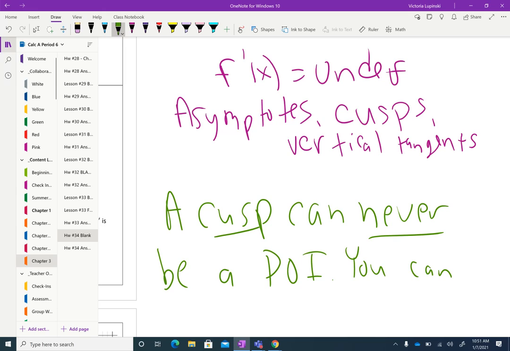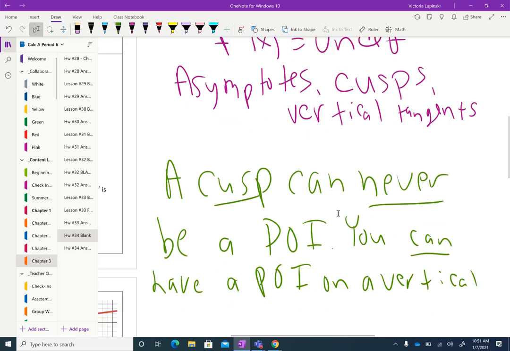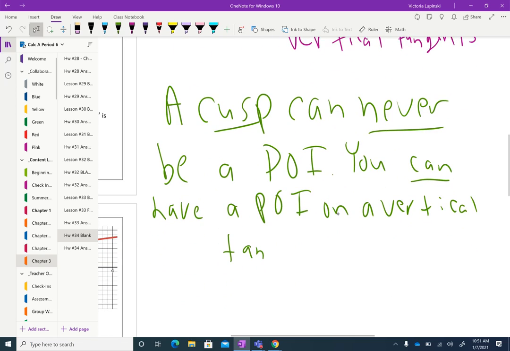You can, however, have a point of inflection on a vertical tangent. So again, those are just the rules. A cusp can never be a point of inflection, but you can have a point of inflection on a vertical tangent. So again, I'm going to show you visually what all of these things look like.